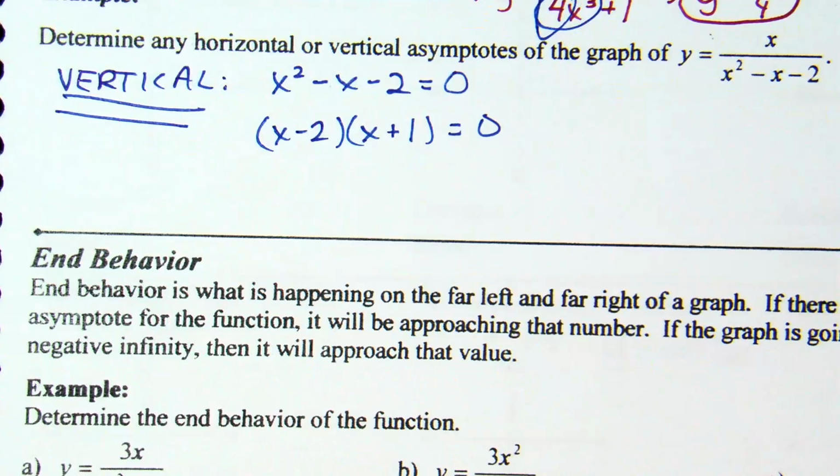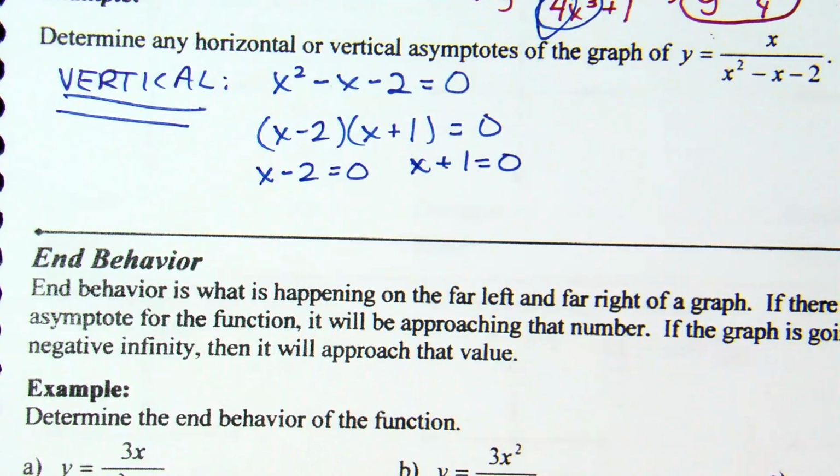Set them each equal to 0. So x minus 2 equals 0, or x plus 1 equals 0. And so these are going to work out to be x equals 2, x equals negative 1. Those are my vertical asymptotes.